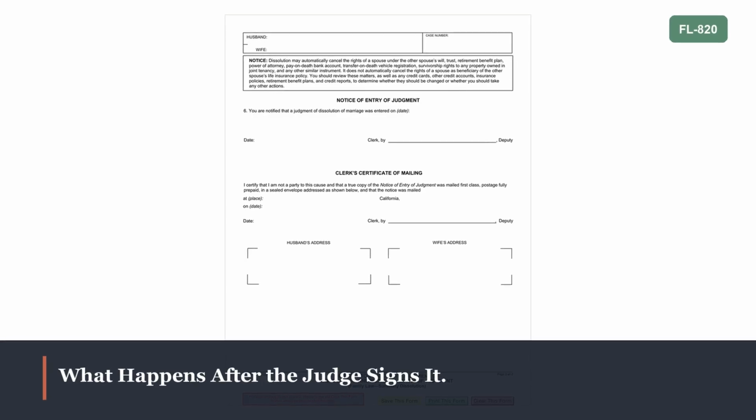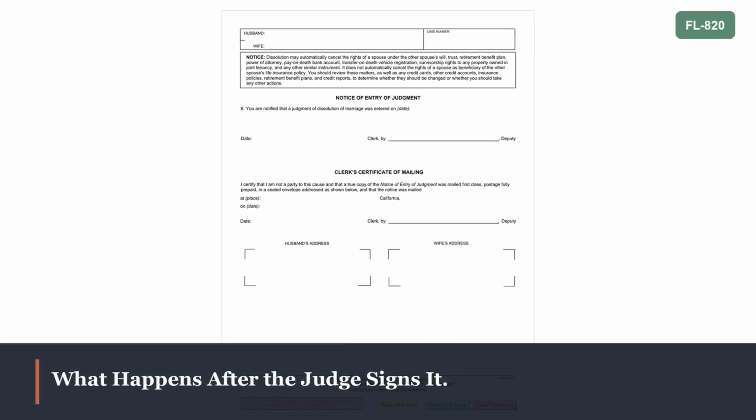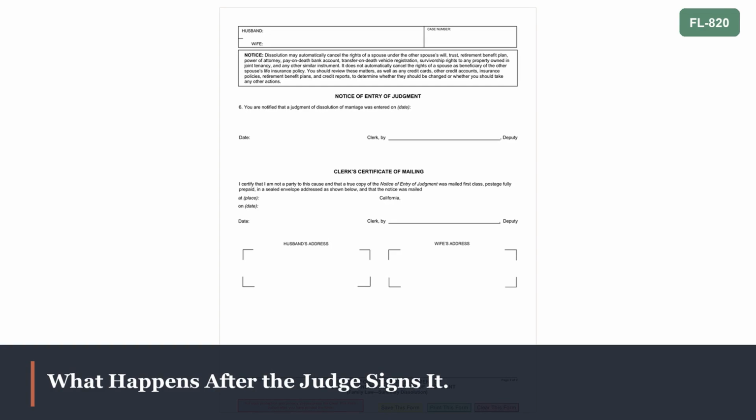What happens after the judge signs it? Once the judicial officer signs FL-820, a judgment of dissolution of marriage is entered and both spouses are restored to the status of unmarried persons. The form also carries a required notice.